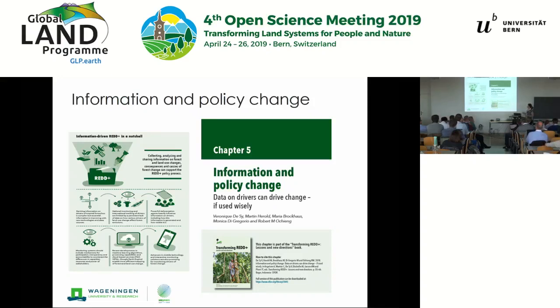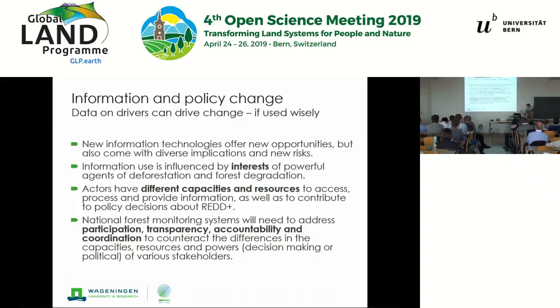This is a chapter I wrote together with some colleagues from CIFOR in their new REDD+ book on the obstacles in information and achieving policy change. It takes the case of data on drivers, but I think the messages are more widely applicable: new information really offers new opportunities, but it also comes with implications and risks.